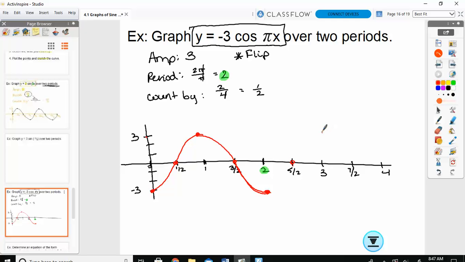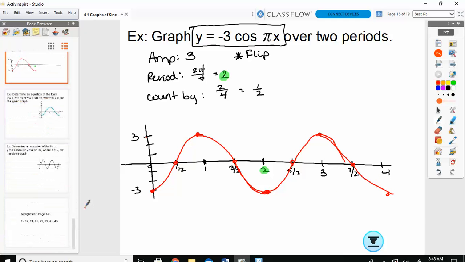And then the pattern just stays the same. Hopefully your graph is slightly prettier than mine. So I've really taught you all the content here.